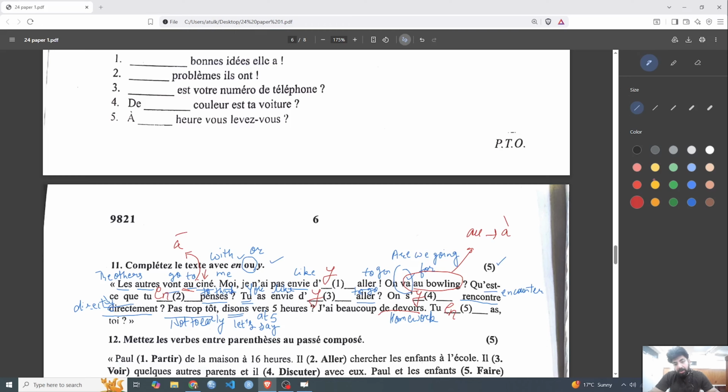So just in case you are not understanding anything, if there is a location which is introduced by "à", then just replace it with y. And if there is something which talks about a quantity or a phrase which starts with "de", in this case the homework started with it, you just use en in that case.